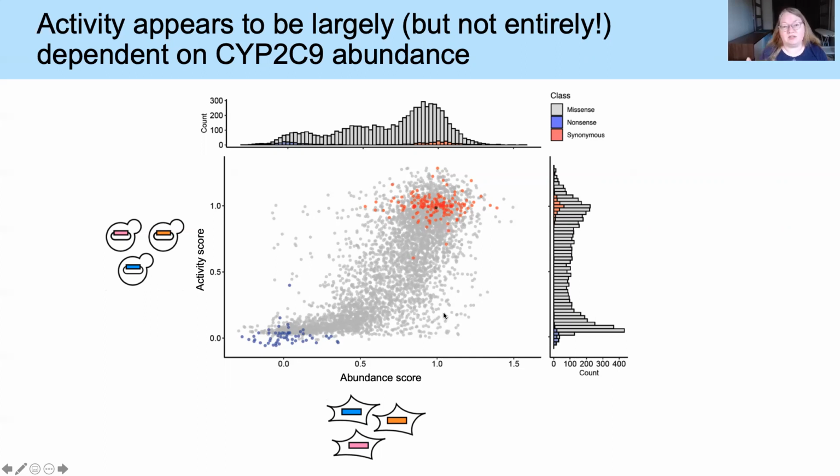And so if you had only done VAMP-seq on these, and in fact, there's another study that did VAMP-seq on a small number of previously observed CYP2C9 alleles, then you would miss out on these alleles that are potentially important, but are not assayed by just abundance alone. So we think the combination of these 2 things is pretty nice and pretty powerful.